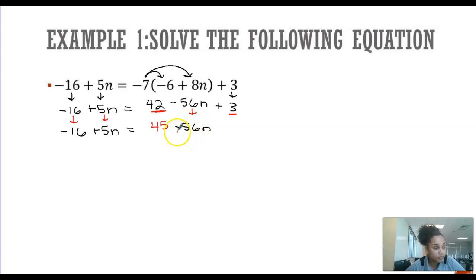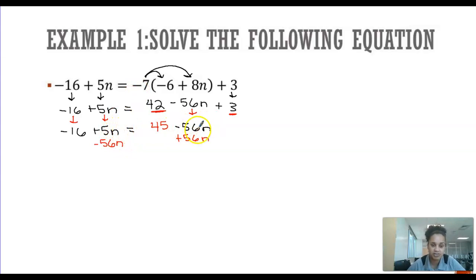So from there, remember our ultimate goal, get the variable alone. So let's go ahead and start by getting the variable on one side of the equal sign. I typically like to move the smaller variable, which in this case is negative 56n. And whenever I say move, you can't just move it. You have to do what's called the inverse operation.